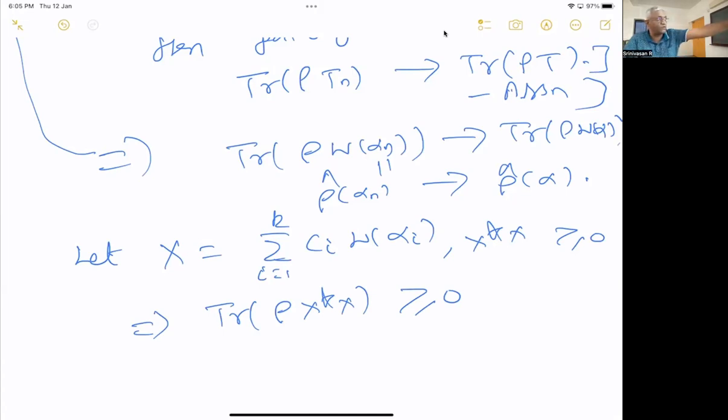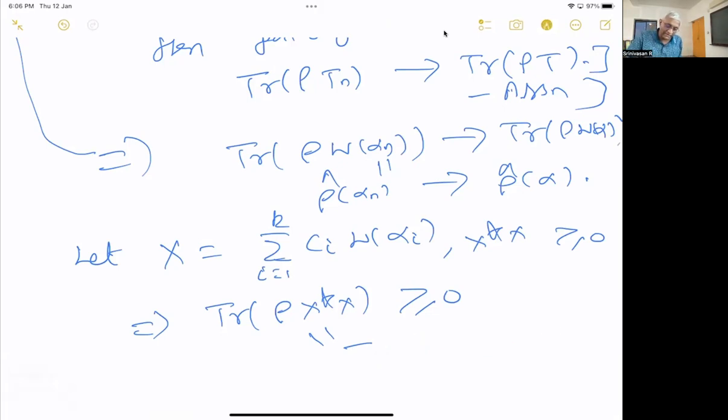But rho X star X is not a positive operator. You can write this as rho power half X star X rho power half, since rho is positive and so has a square root. By the tracial property, you can move it to that side. I did this last time. So this is true.